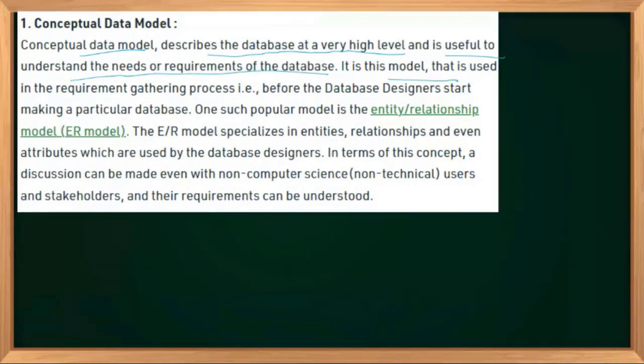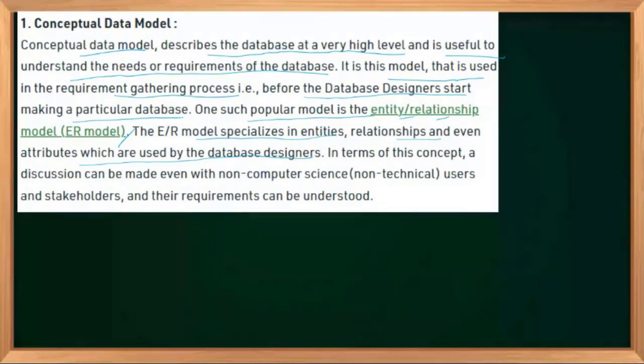It is used in the requirement gathering process, before the database designer starts making the database. Such a model is the entity relationship or ER model, which specifies the entities, relationships, and attributes used by database designers.